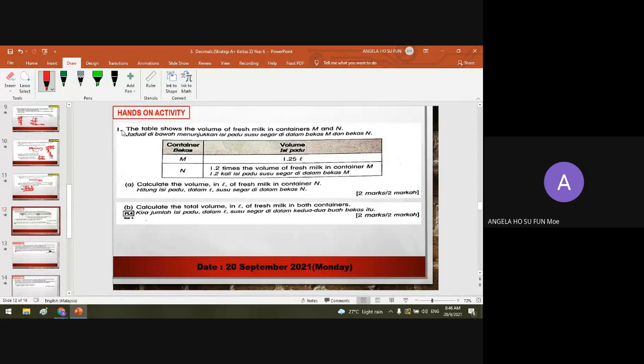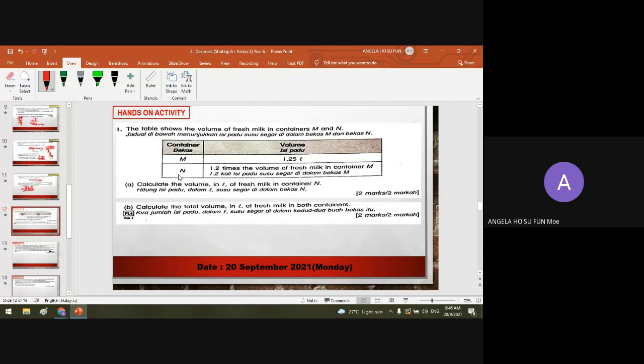We read the questions together, then after that you try to answer and tell me your answer. Now, this table shows a volume of fresh milk in container M and N. M, the volume of fresh milk here is 1.25 liter.